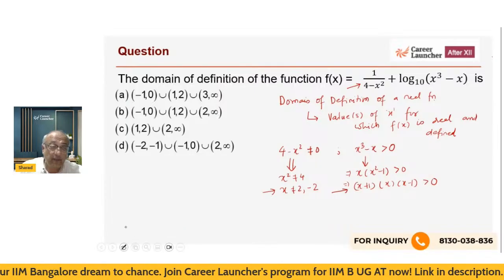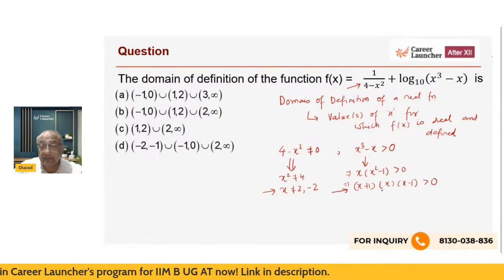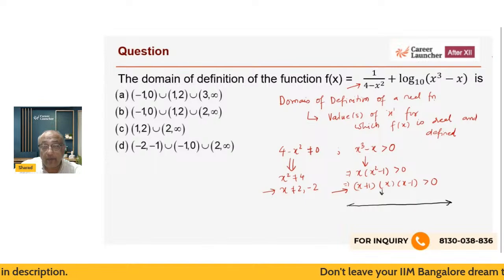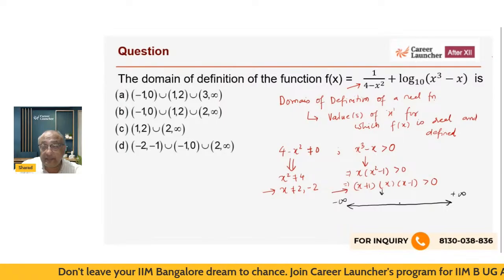So how do we now go ahead? How do we resolve this inequality? It's simple. Most of you will be aware. It will be just a case of revision for you. We draw a number line from minus infinity to plus infinity and mark the corresponding zeros.